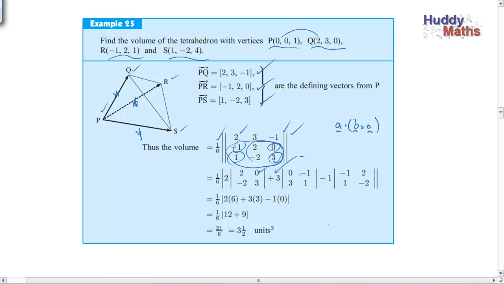Remember that. Okay, so you need to get the determinant of that 3 by 3, which is given by this thing here. So you've got your little cofactors, 2 by 2s down there, and the overall determinant is this times that cofactor, then this times that, and then negative 1 times that. So overall now, it's the size of that A dot B cross C. Okay, so here we are.